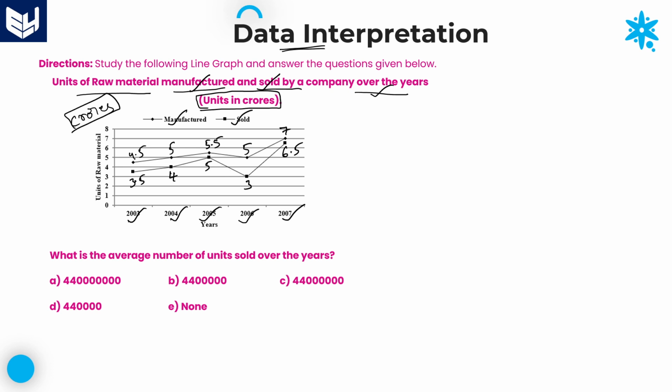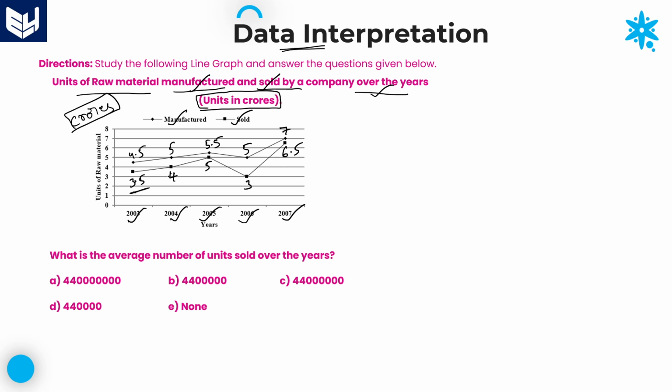It means 4.5 is nothing but 4.5 crores of raw material manufactured in the year 2003. Out of 4.5 crores of raw material manufactured, only 3.5 crores of raw material are sold, right?